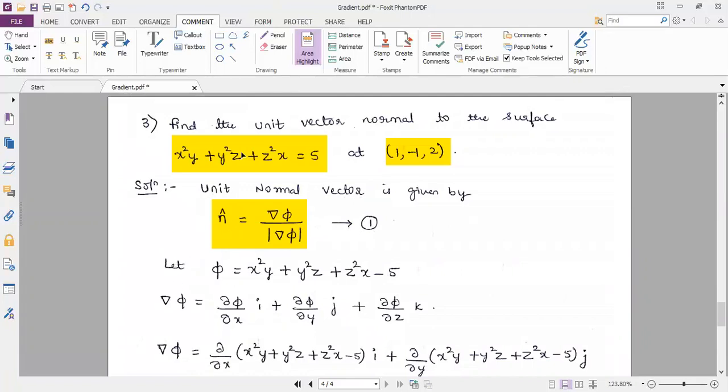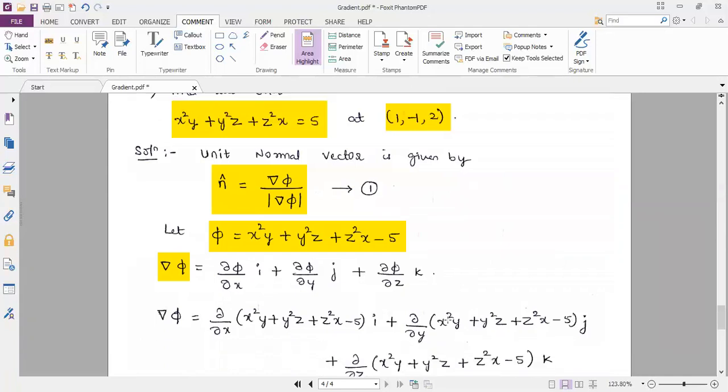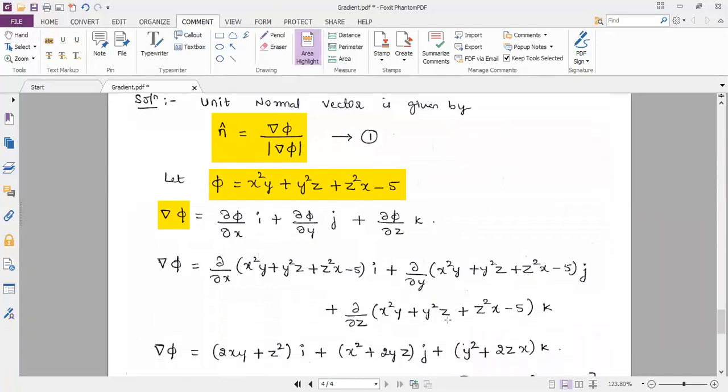Consider the given scalar function as phi. That is, phi = x square y + y square z + z square x - phi. Let's find grad phi first. Formula for grad phi: dou phi by dou x i plus dou phi by dou y j plus dou phi by dou z k. Substitute for phi in each of these partial differentiation steps.